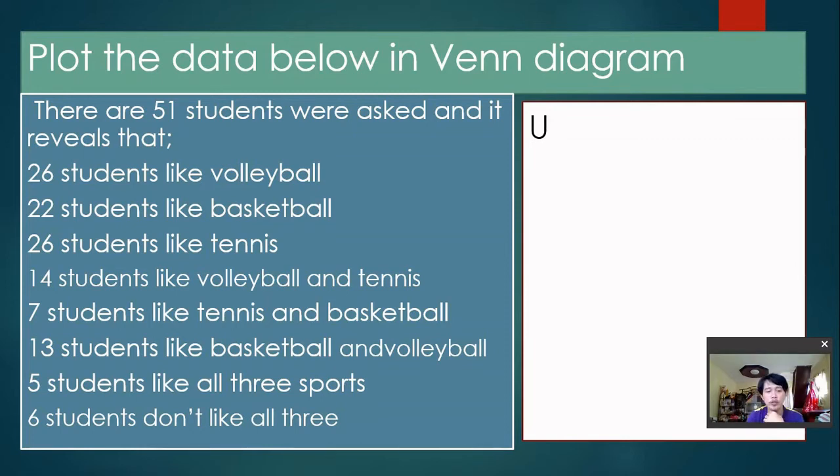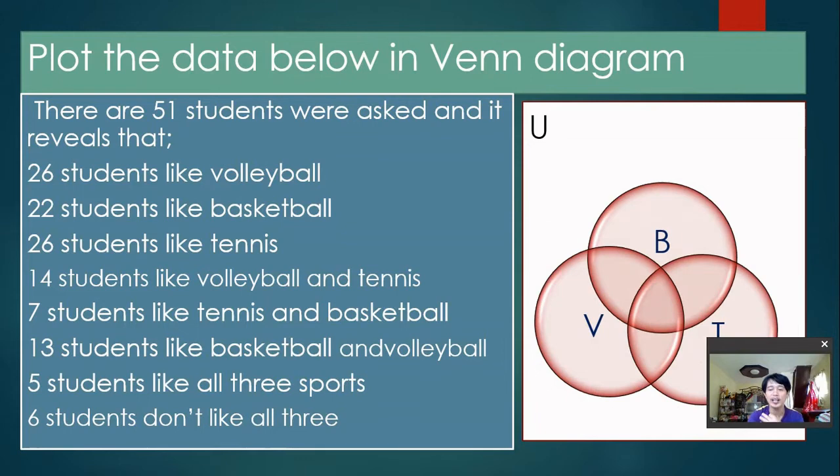Then, how many sports are involved in the problem? We have volleyball, basketball, and tennis. How many sports? There are 3. So therefore, we need to draw 3 circles.